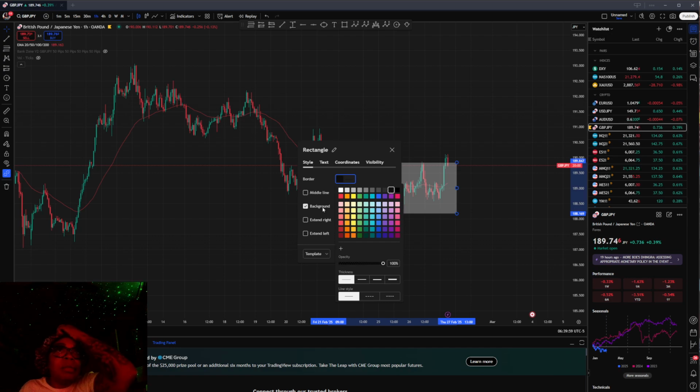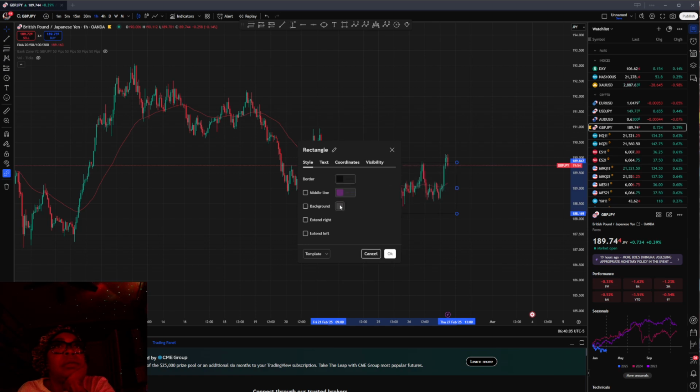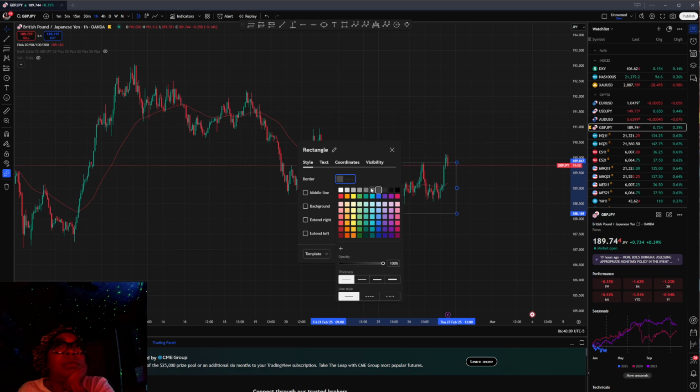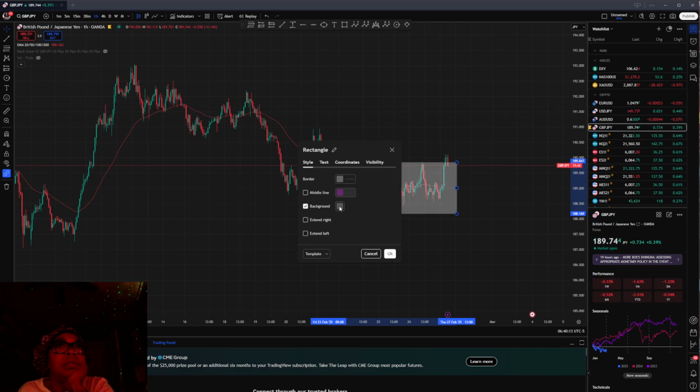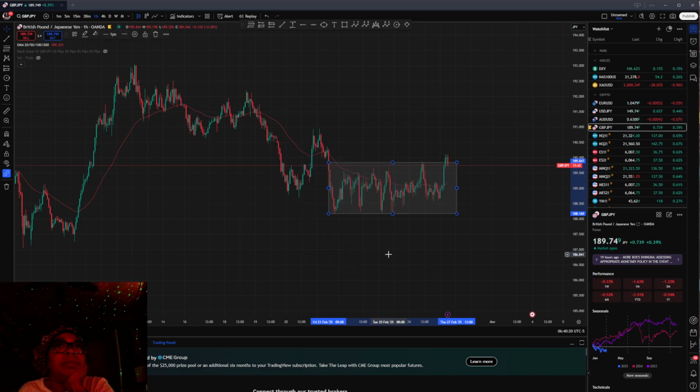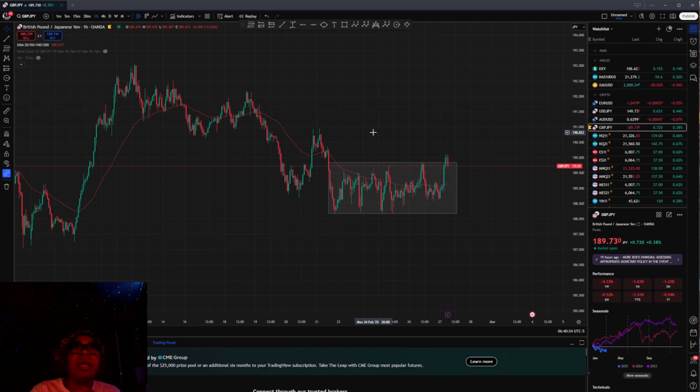And then the background, a little bit more of a grayish tinge. Okay, let's keep that on the radar as far as colors, but we don't want to completely delete it because we want to see when it starts to break out.